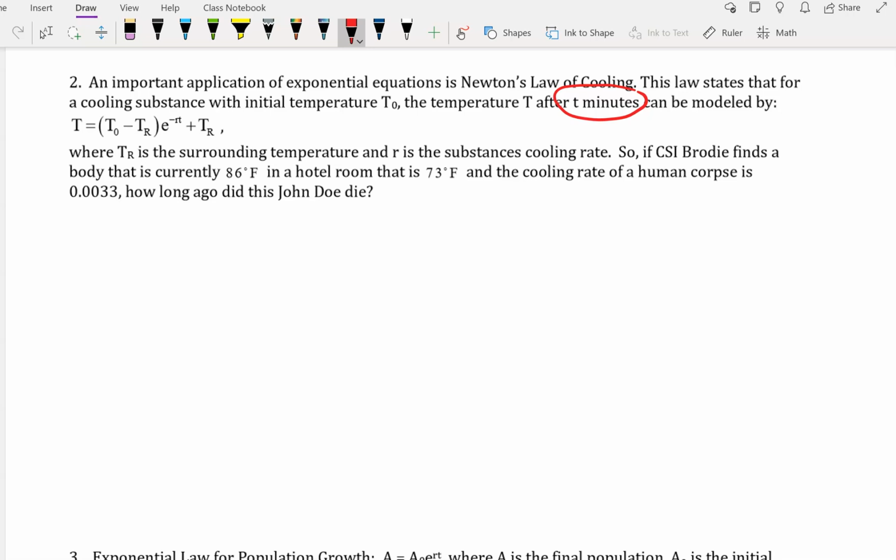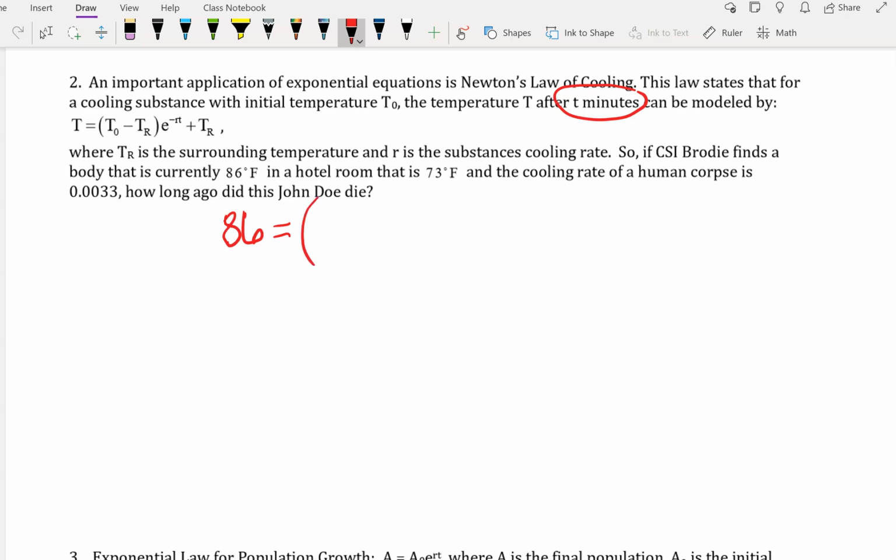So we need to plug in for all the other things. So that means we need to find out what big T is first. So big T, what did big T stand for? It stands for the current temperature of the body. So that was going to be 86. 86 is the current temperature of the body.